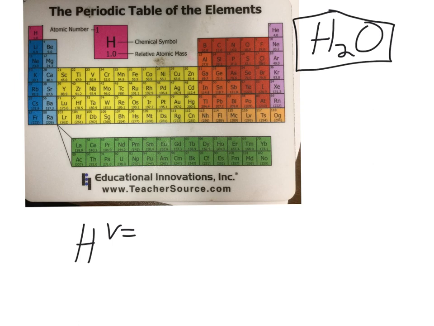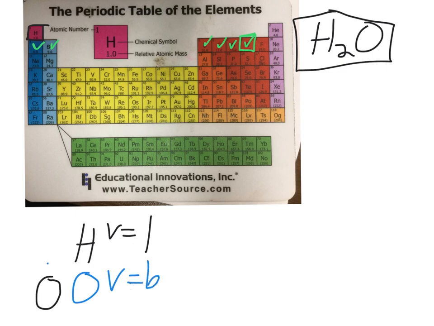Hydrogen is in the S section, and so it has a valence of 1. Oxygen is over here in the P section, and it has 1, 2, 3, 4, 5, 6. So oxygen has a valence of 6.